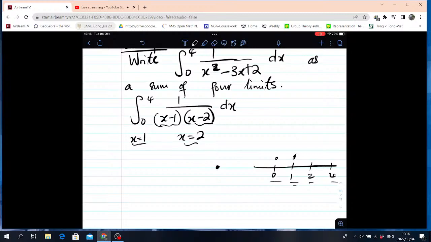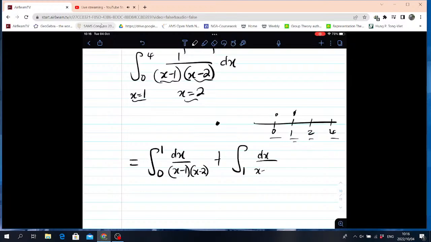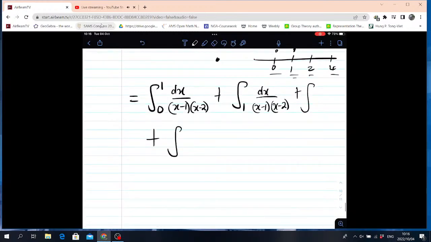What we want is to be able to say from 0 to something, x minus 1, x minus 2, like that, plus the integral. If you start with 1, then you want a 1 there, and then dx x minus 1, x minus 2, and then plus something, and then plus the last one.